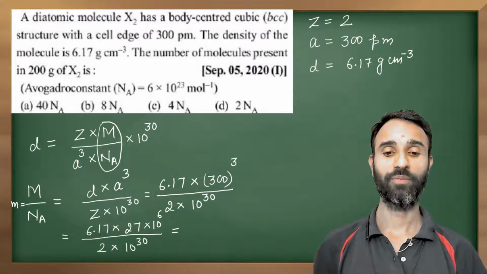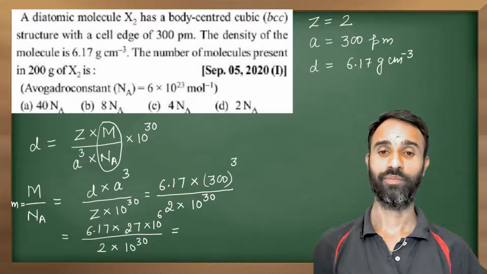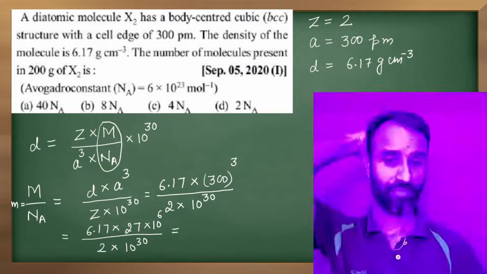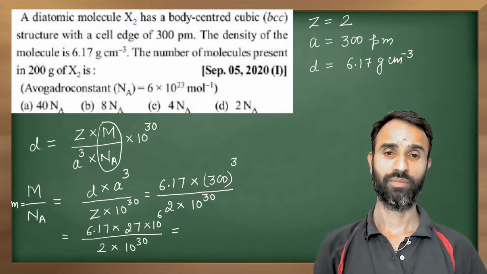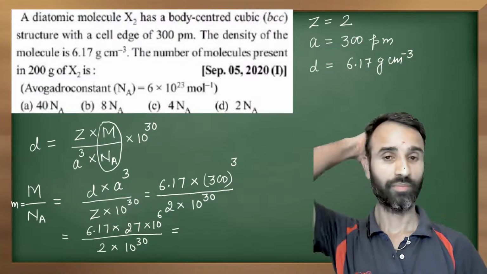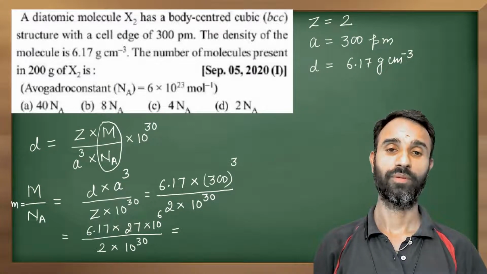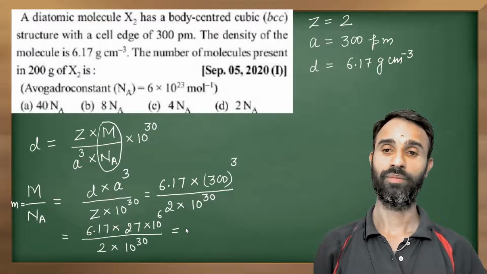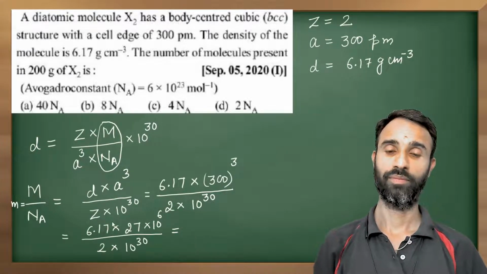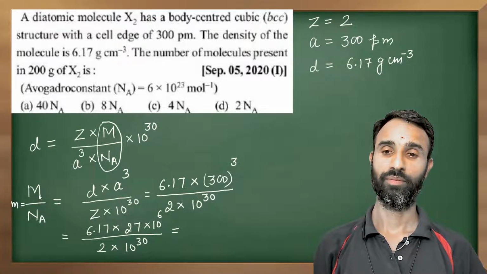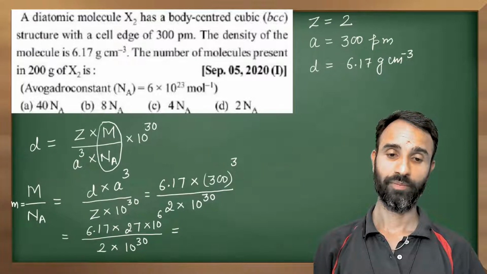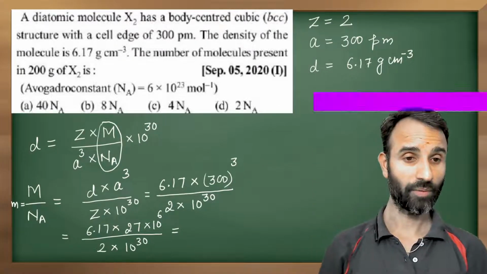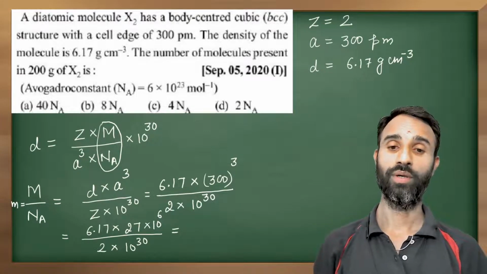Just solve it fast. Yes, beta. Z is 2. Okay.